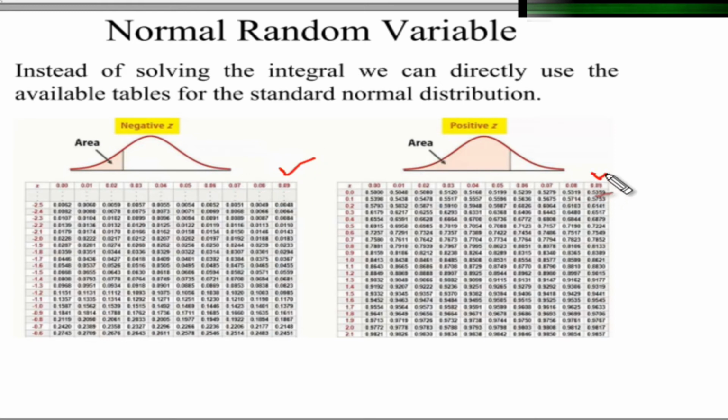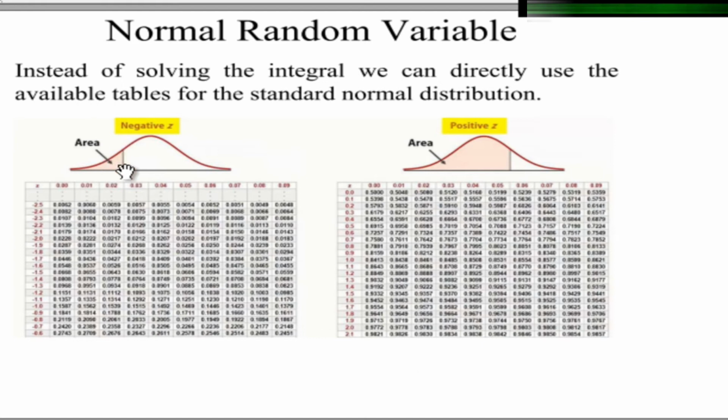You just have to find the relevant values for those Z values, and you will get the answer. How to calculate it, I will show later in our example. If you search on the internet for what a Z table is, it will show you the table, and I will show you how to calculate the values of a normal random variable from this Z table. So let's move on.